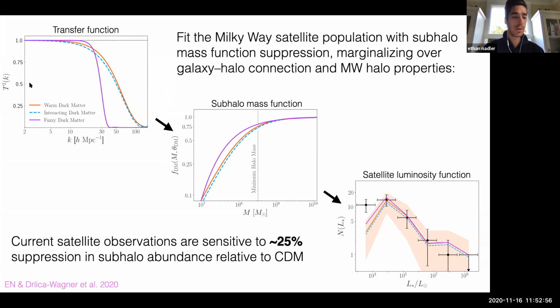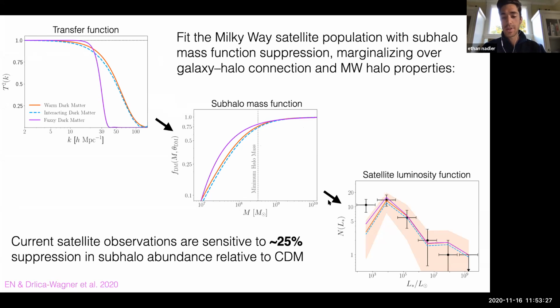So we've set up a framework to do this, which is broken down into these three pieces. Schematically, given an assumption about dark matter physics, you can calculate what I'll call the transfer function, the ratio of the linear matter power spectrum relative to that in CDM. If you feed that into one of these numerical simulations, you can predict how strongly the subhalo mass function is suppressed relative to CDM.